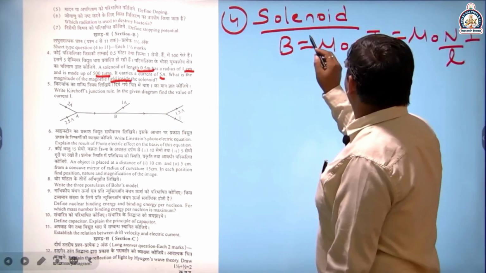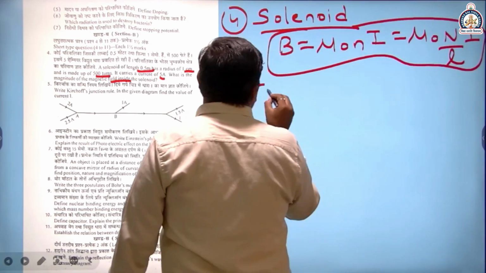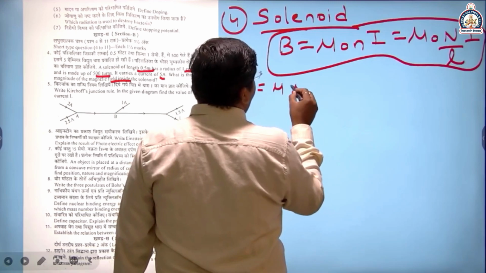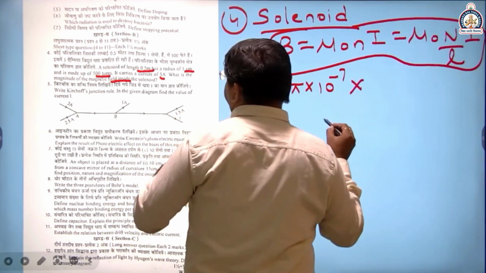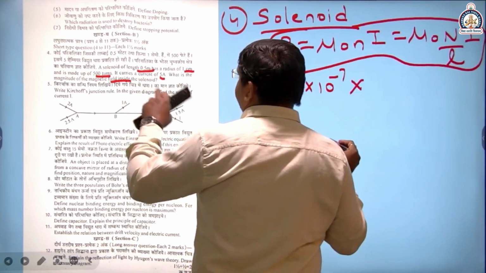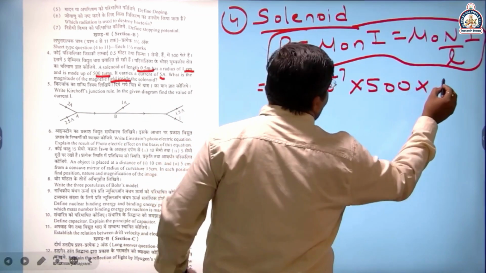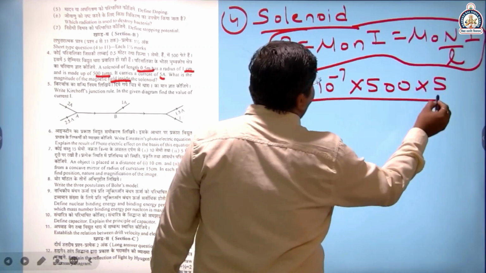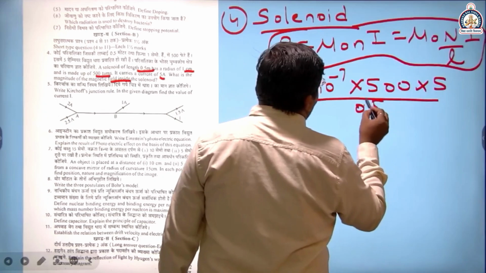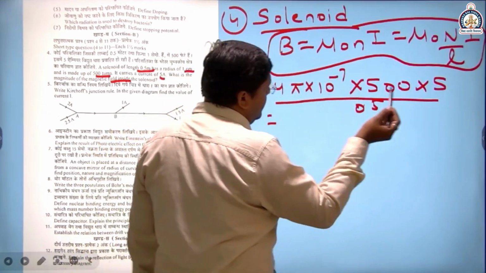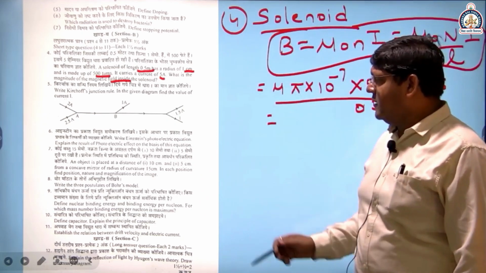The magnitude is given by this relation. As we all know, the value of mu naught is 4 pi into 10 raised to power minus 7, capital N is given as 500, current I is 5 ampere, and the length L is given as 0.5 meter. On solving, you get the required answer. Just apply simple mathematics and you will get the answer.